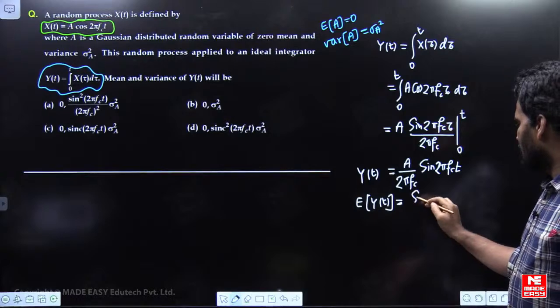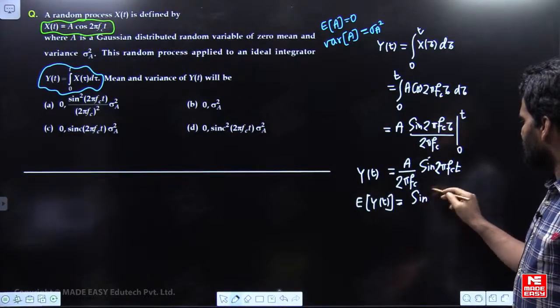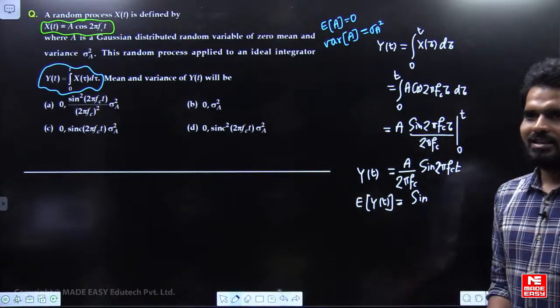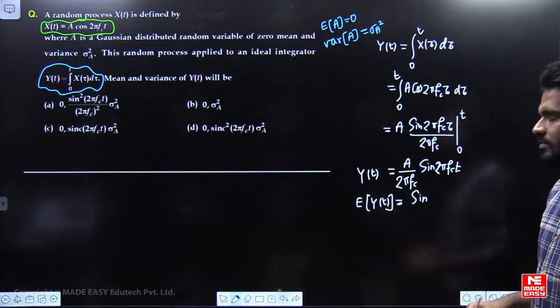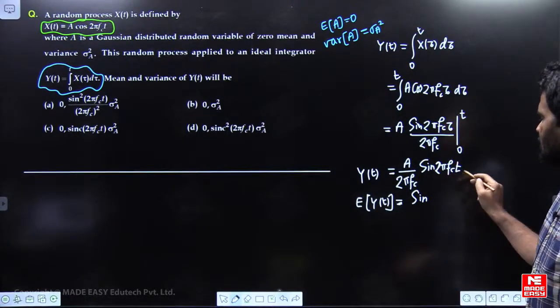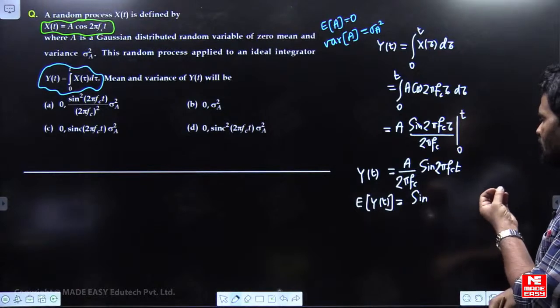Like this, simply I can see this as some k. At the given time instant, sine 2 pi f_c t will give you some value, some k.